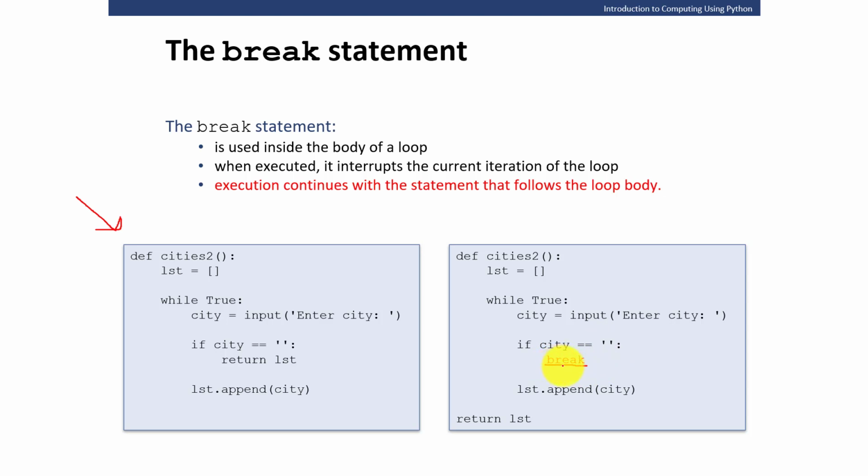So what's going to happen? I'm going to go directly to the statement that follows the loop body, which is return list. So in case the user entered an empty string, the user entered the flag, therefore I'm going to leave the loop, which is something similar to here. If the user inputs an empty string, I'm going to return the list right away. Otherwise, the loop will continue.